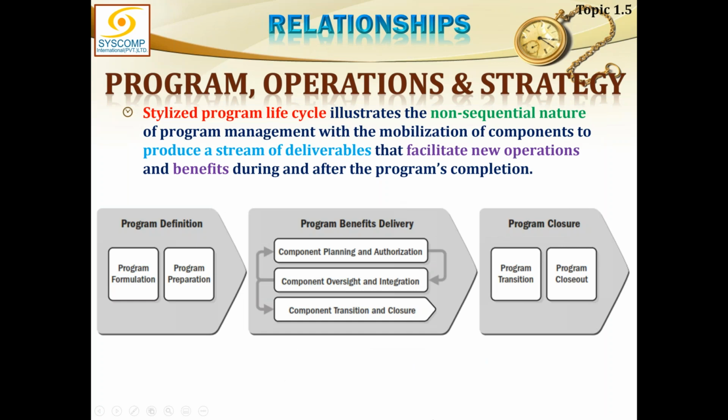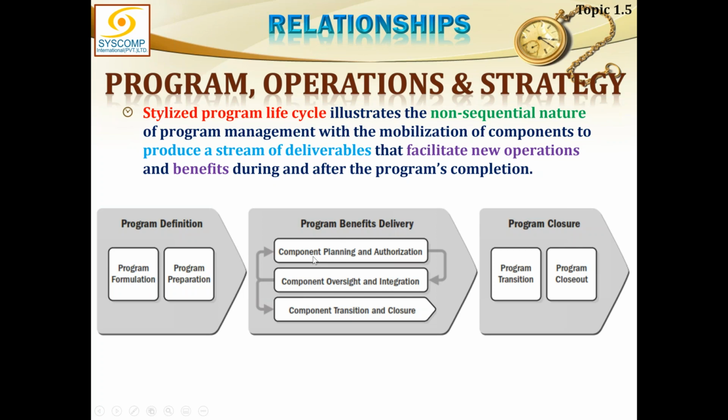This diagram I have already shown you earlier. In program definition, we formulate the program, where the chartering and all initiation processes happen. Then program preparation, where the program management plan and your basic work is started. The delivery stage is program benefit delivery.